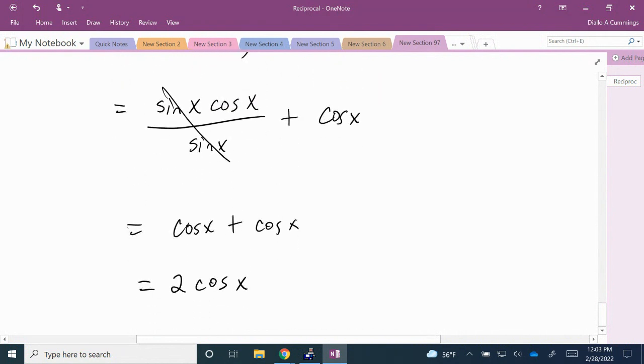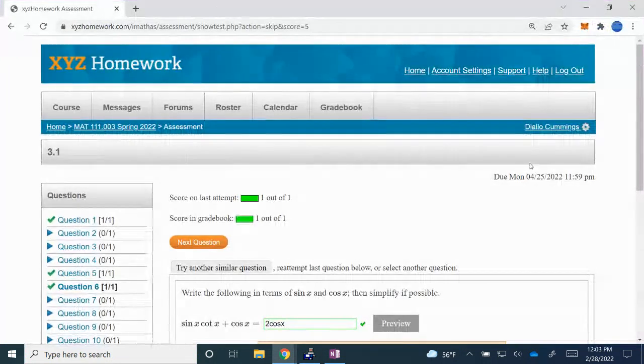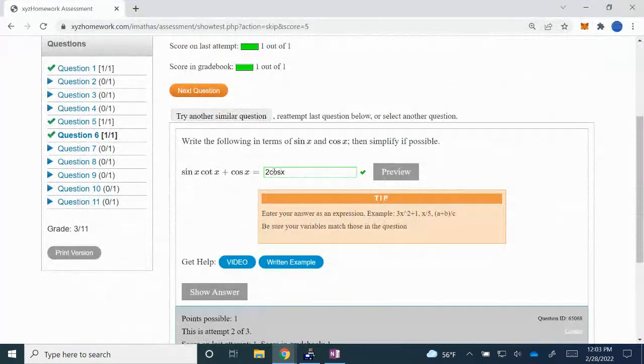All right, so our solution here should be 2 cosine x. So we have 2 times the cosine of x. Okay, that was number 6.